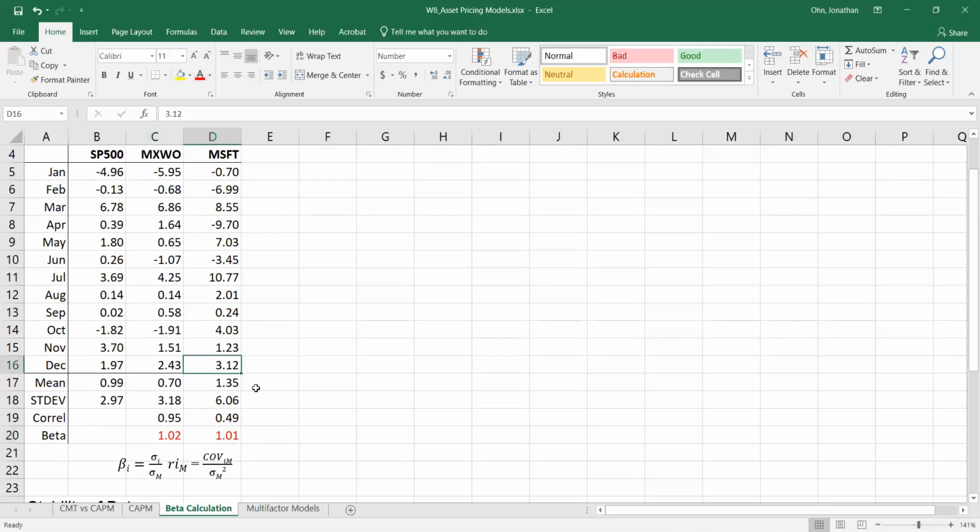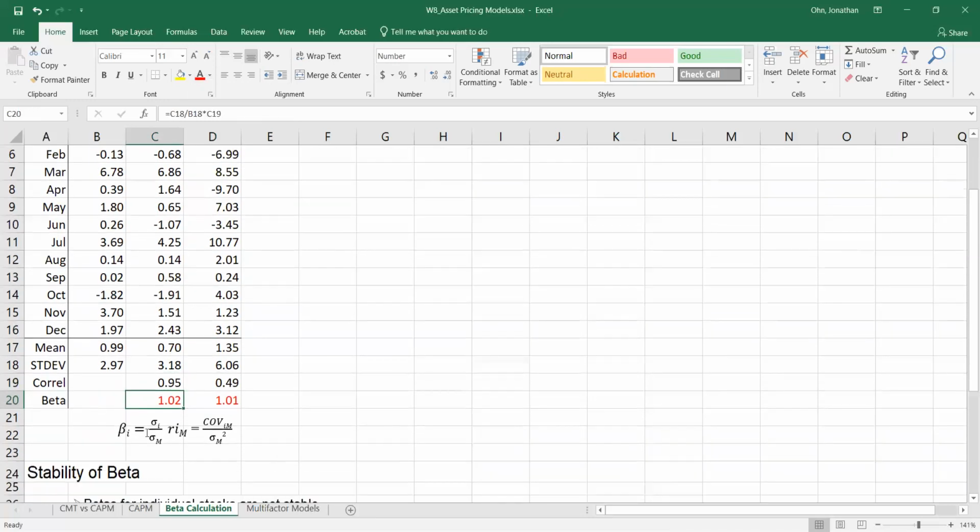Could you show those formulas again? Which one? Oh, yeah, that one. The formula is the stock's standard deviation divided by the market standard deviation, multiplied by the correlation coefficient.